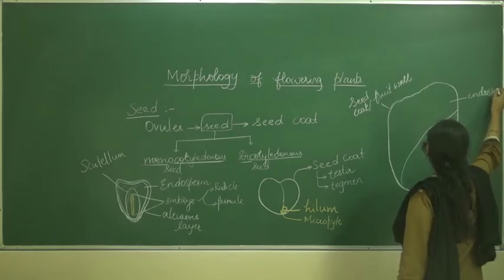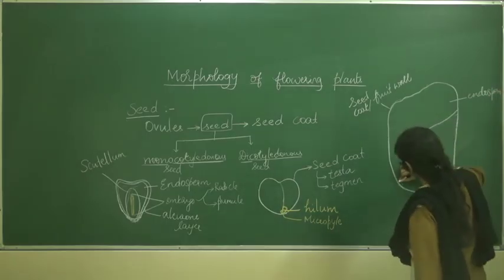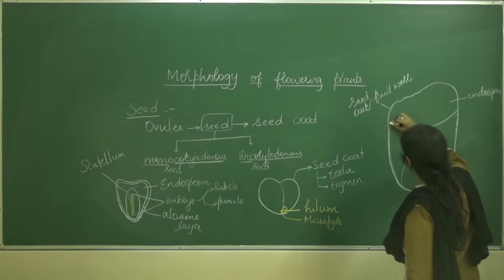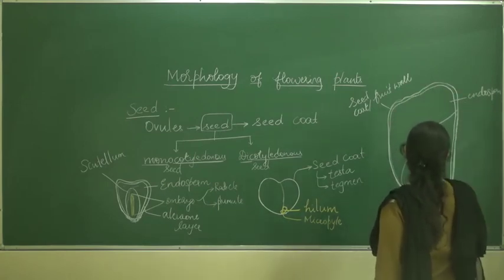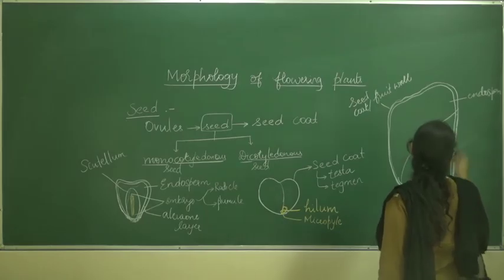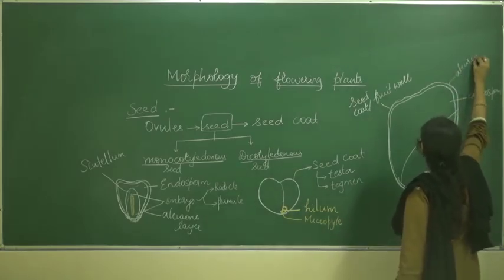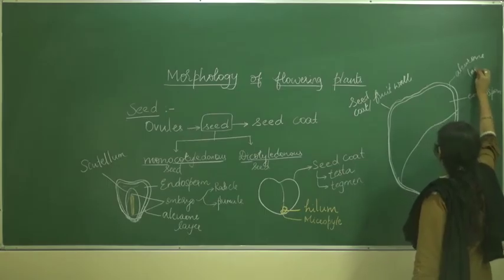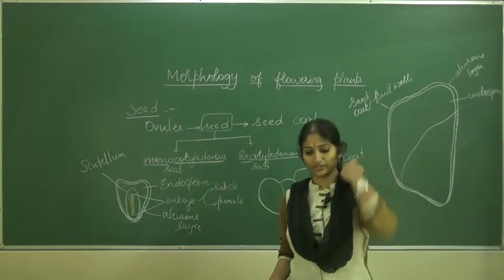We have already seen that the endosperm has an outer layer called the aleurone layer.